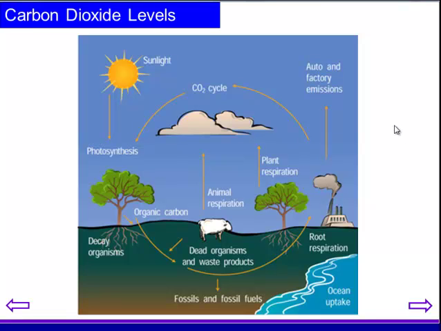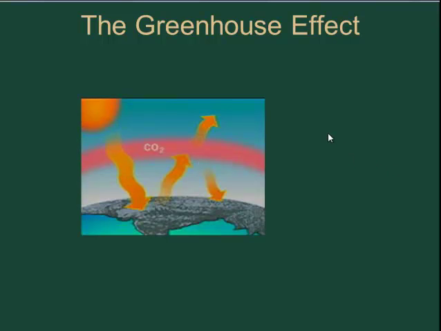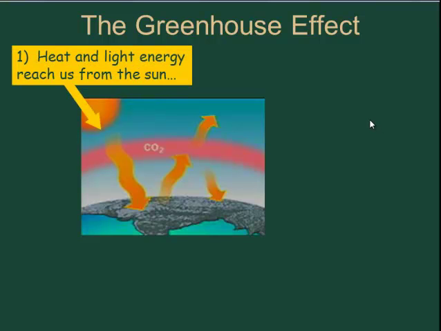So what does this all mean? I've mentioned the greenhouse effect a few times. The greenhouse effect works like this. If there's carbon dioxide in the Earth's atmosphere, it allows heat and light energy to reach us from the sun, because it doesn't interact with the specific wavelengths released by the sun.